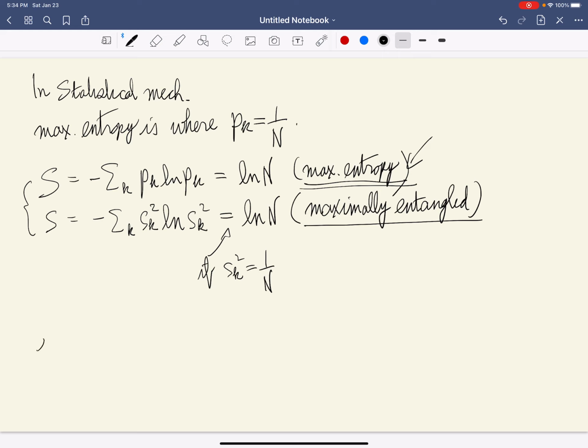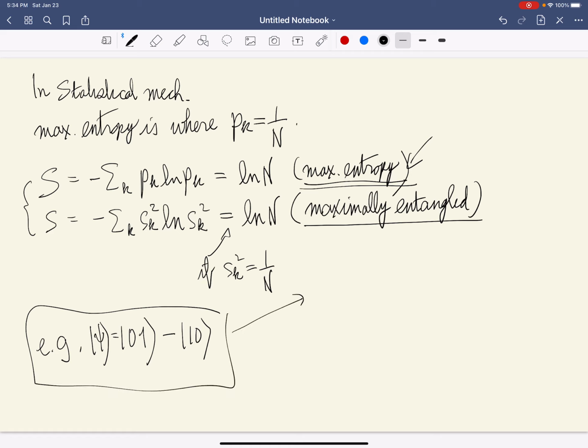Okay, so an example of a maximally entangled state is (0, 1, -1, 0). In fact, using this wave function, you can compute everything. Compute all the singular values and convince yourself that both s1 squared and s2 squared are equal to 1/2.